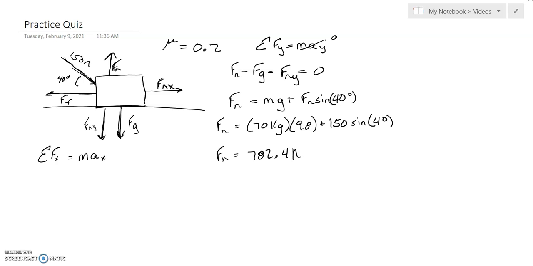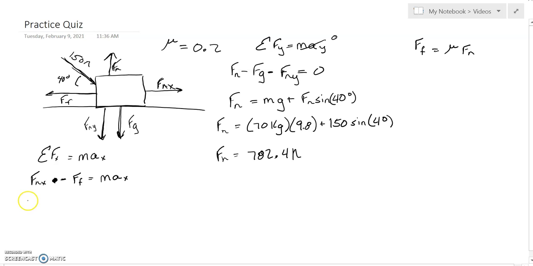So looking at our diagram, we have the force in the x direction, which is positive, and a negative force of friction equals mass times acceleration in the x. So we know our force of friction. If we pop over here, force of friction equals mu times force normal. That'll be in our equation sheet that is on Google Classroom.